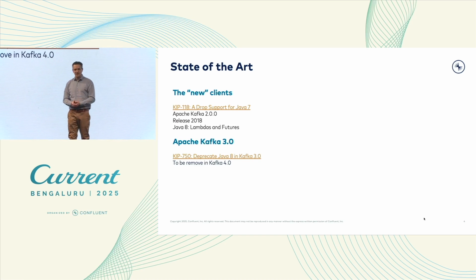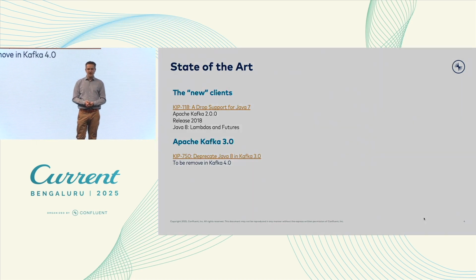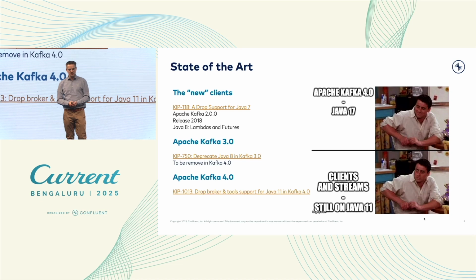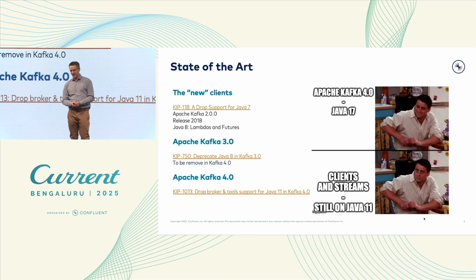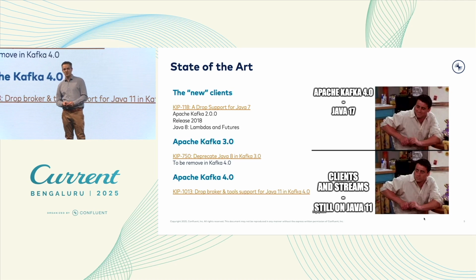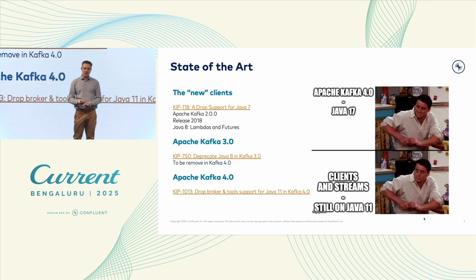Then in Apache Kafka 3.0, it was proposed to remove Java 8. In Apache Kafka 4.0, we also removed Java 11, but not for the clients, because the reasoning was that people upgrade Java very slowly, and even more so for client applications.